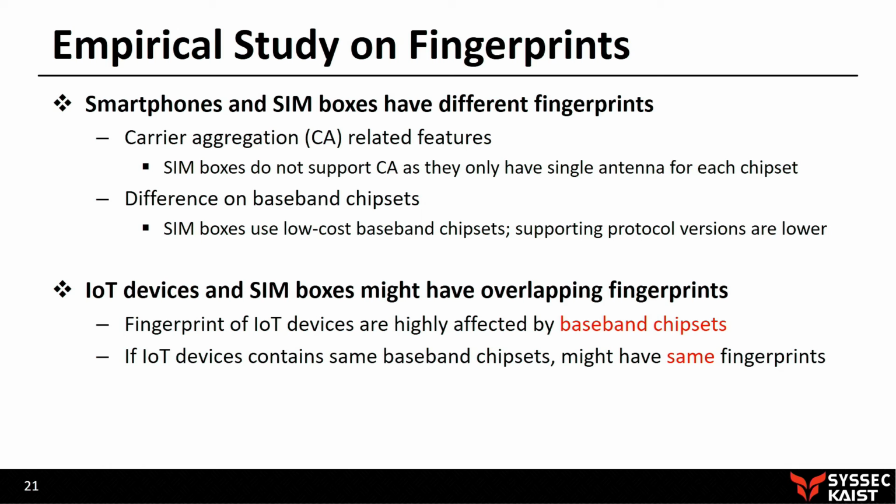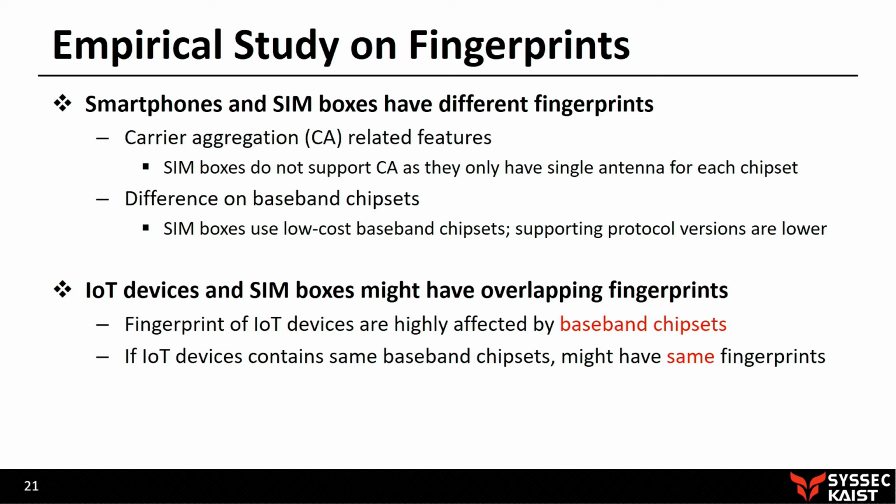Also, SIM boxes do not support features that are related with recent protocol versions. This is because SIM boxes use low-cost baseband chipsets, thus their supported protocol versions are relatively low compared with the smartphones. So we can conclude that fingerprints can be used to distinguish smartphone models and SIM boxes.